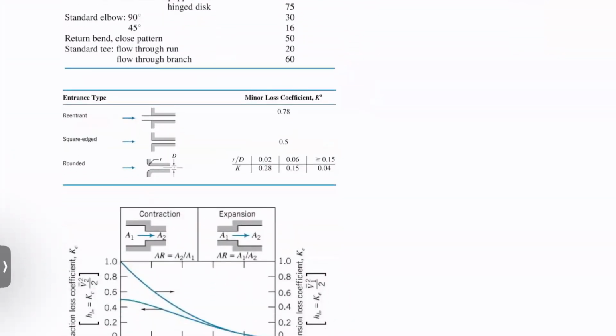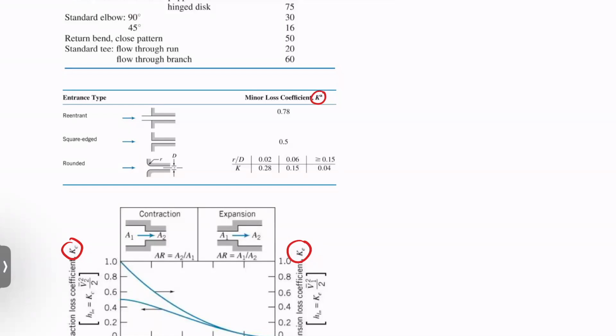We also have tables and figures that will help us find our loss coefficient K. All right, so these next two tables are going to show us K, so we're going to have to use that version of the equation. Outside of fittings, we also have losses when we have fluid entering into a system in different kinds of geometric ways. So this middle table shows us those different types of ways.